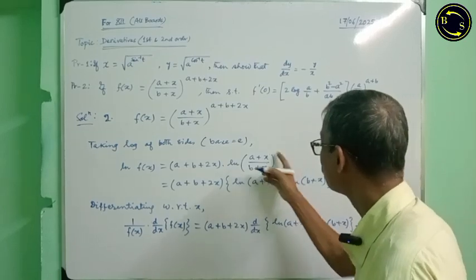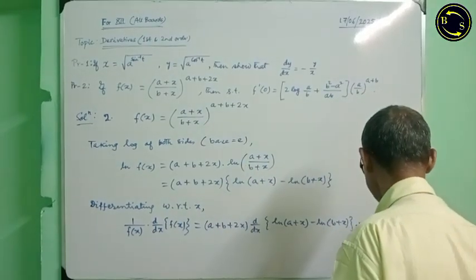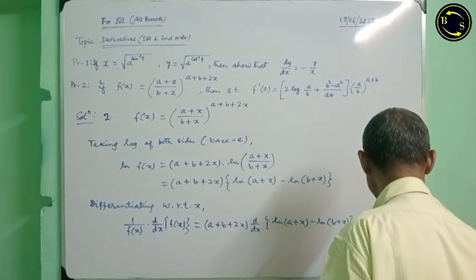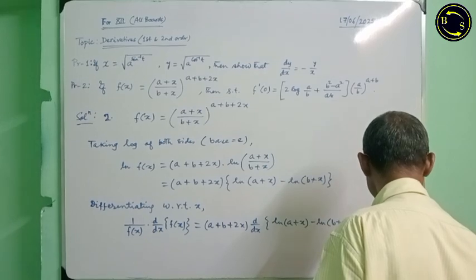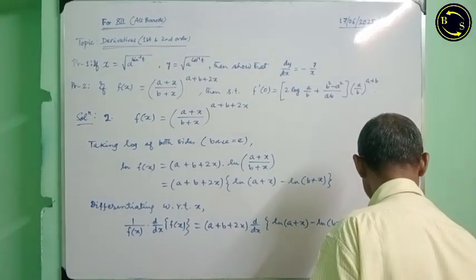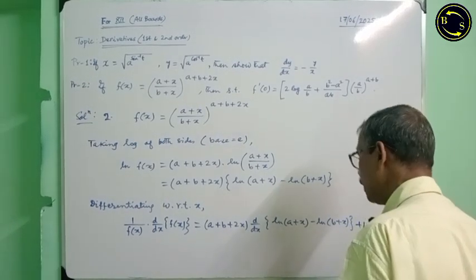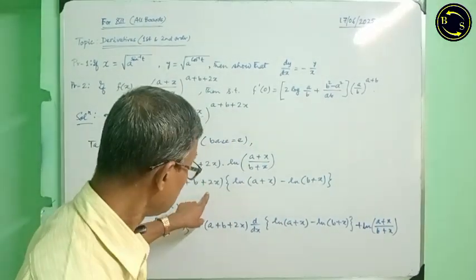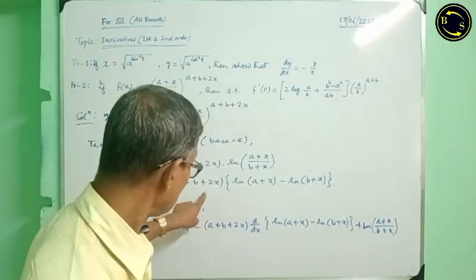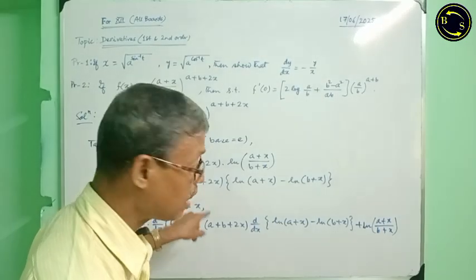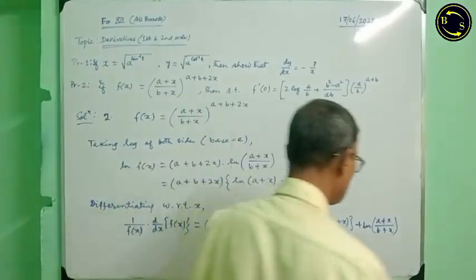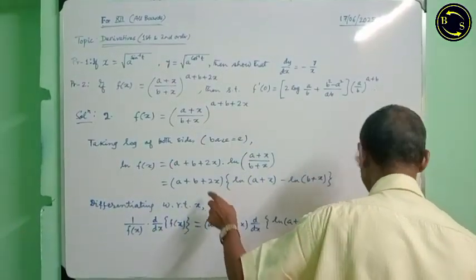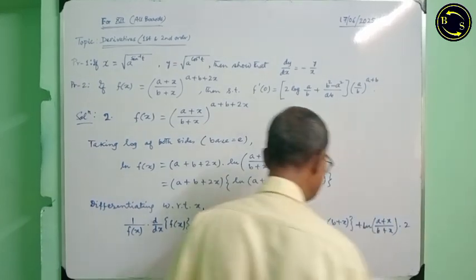Again, this means this one, therefore I write that form into derivative of this expression a plus b plus 2x. Variable is x, other symbols a, b are constants, therefore derivative will be 2.